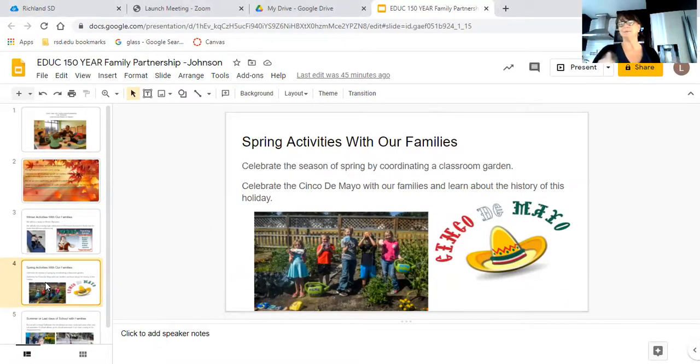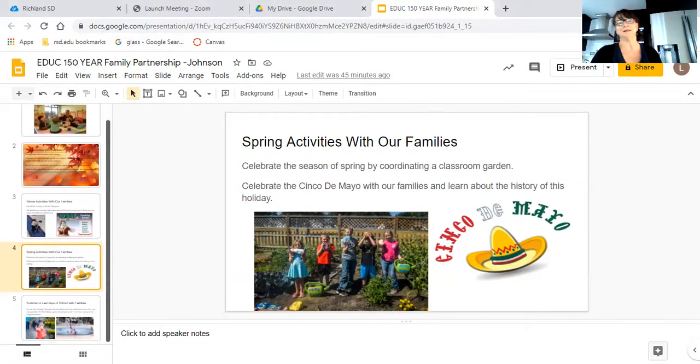And dress up, learn about the different ways that families that celebrate Cinco de Mayo, what they do. And again, get those families involved, because the more you can get them involved, the richer your curriculum is going to be, and the better your bonding with your families is going to be.